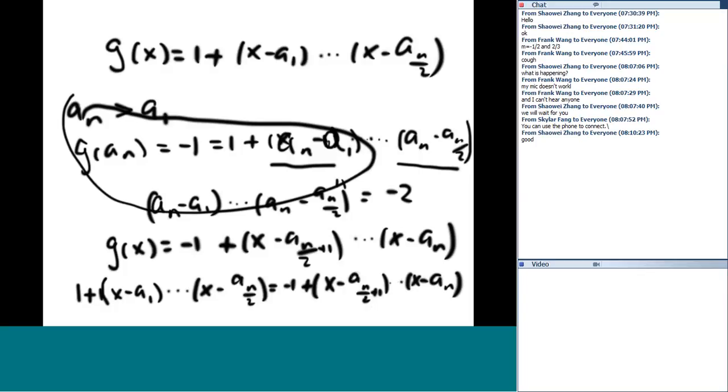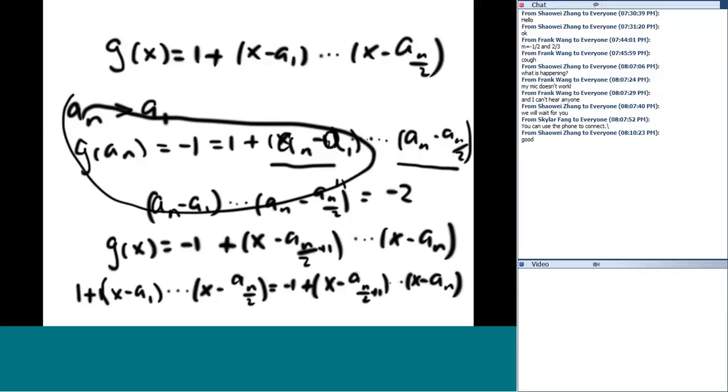We take something biggest. Assume a_n is the biggest, for example. That will definitely be wrong because 1 plus something positive will become minus 1. That will be wrong.